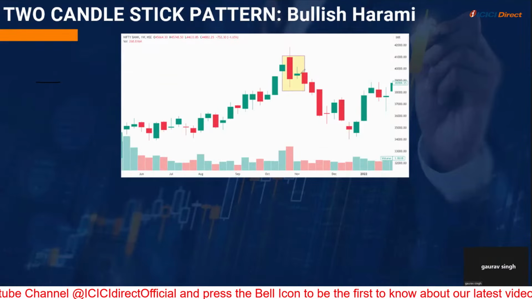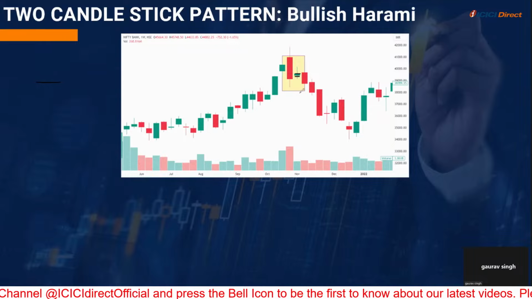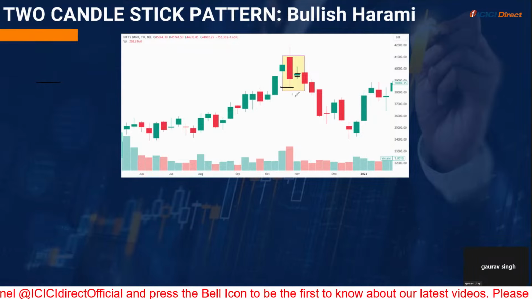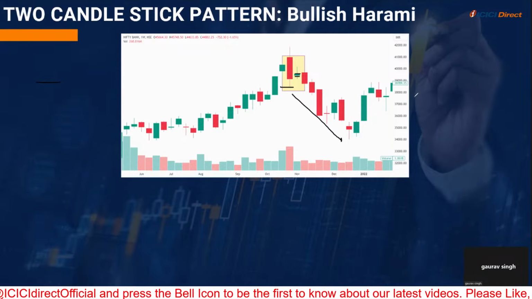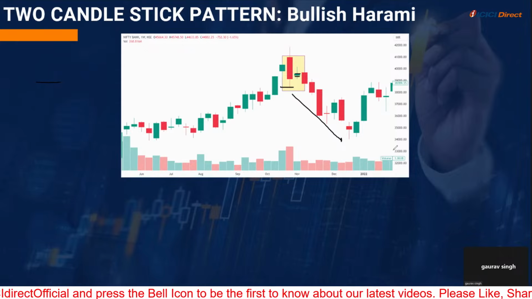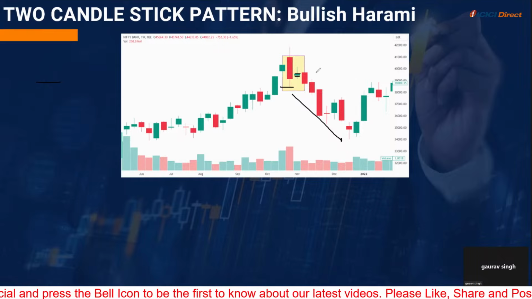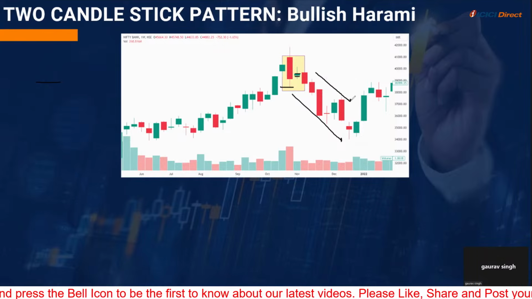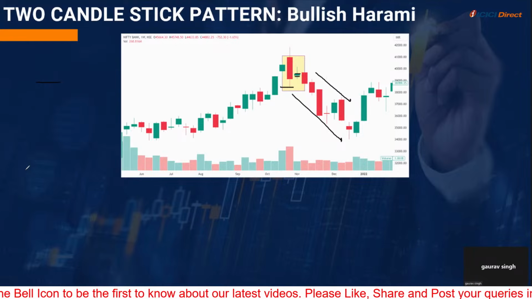If you can see this, this is a Harami, and once the low of this was broken, we saw a downtrend. It's a significant downtrend because we've come down to somewhere around 34,000. It's a 4,000 point downtrend. So please don't get swayed thinking it's small. It's a big downtrend. It happened fast. That's the only difference. So this is bearish Harami.